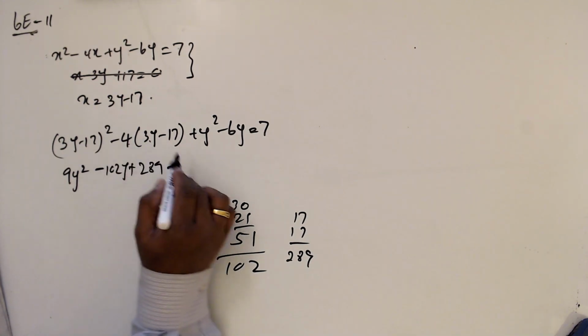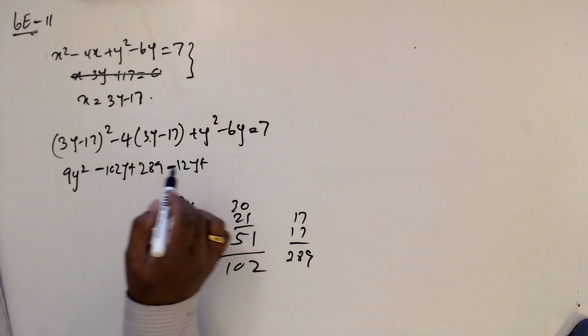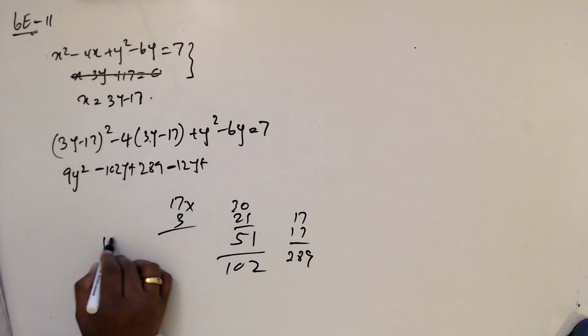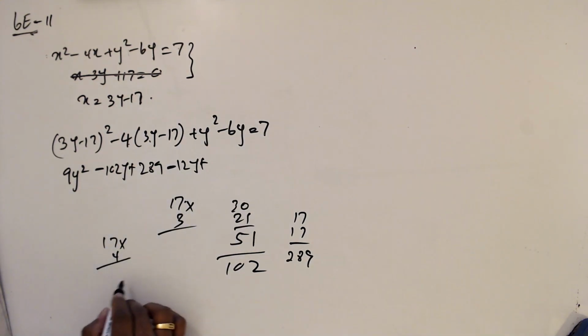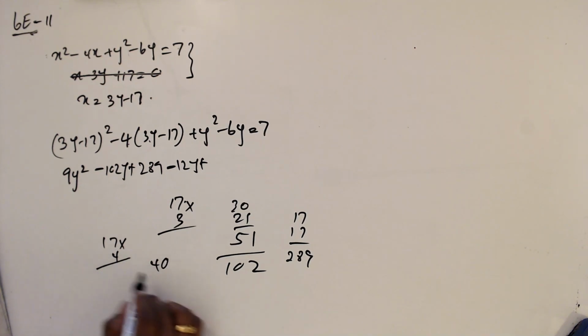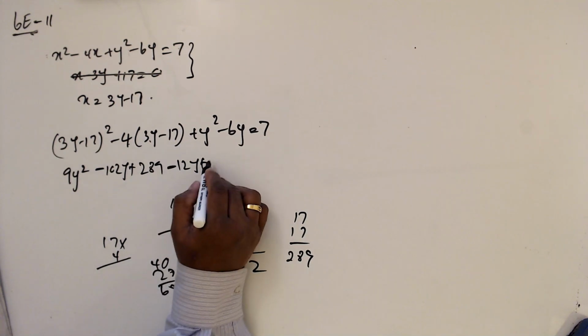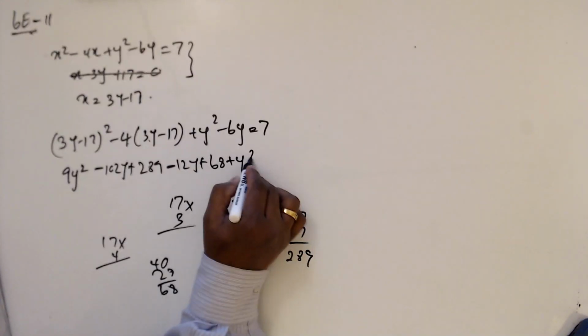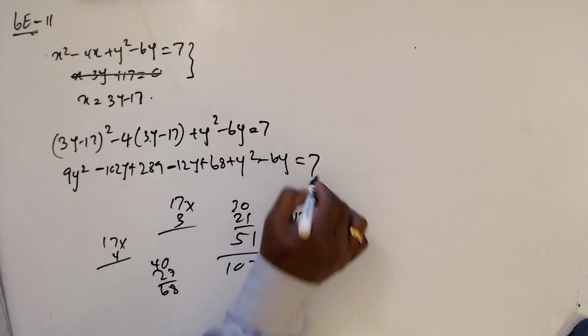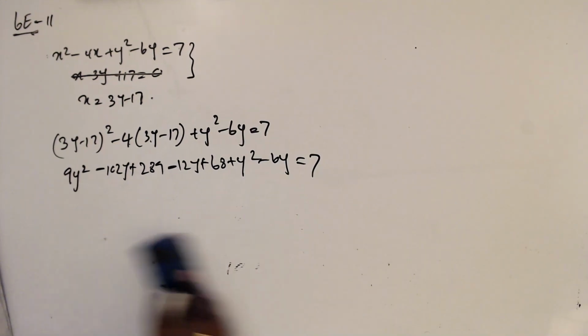Minus 4 times 3, 12y, then 4 times 17, 17 times 4, 40 plus 28, 68, plus 68 plus y square minus 6y equal 7.